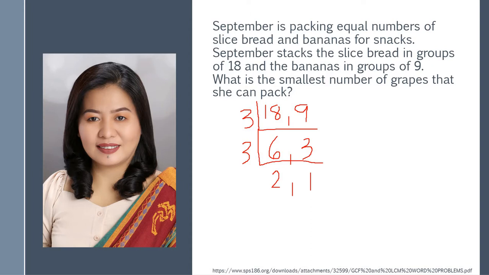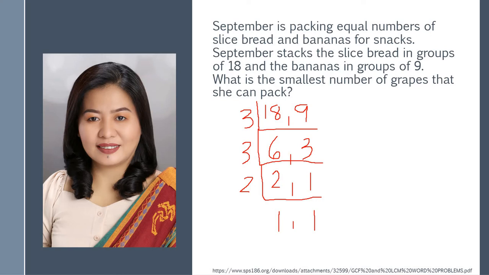What we usually do is we make all the numbers at the bottom part equal to 1. So if there is a number that is not 1, then we just have to divide it by itself. So 2 divided by 2 is 1, and we just bring down 1 because that's already 1.